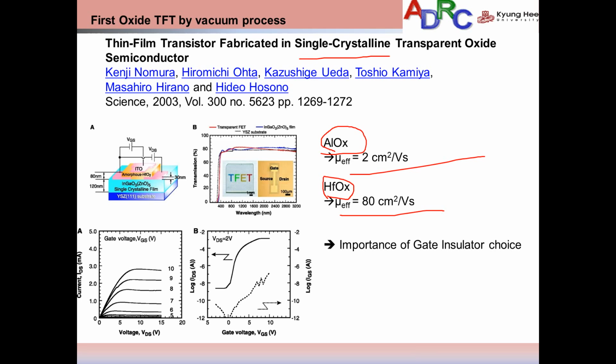And as I said before, transparency is very high, over 70%, and the performance of this first IGZO TFT shows a nice on-off ratio. It's around 10 to the power 6. And so one of the first conclusions is that there is a high dependence on the gate insulator.